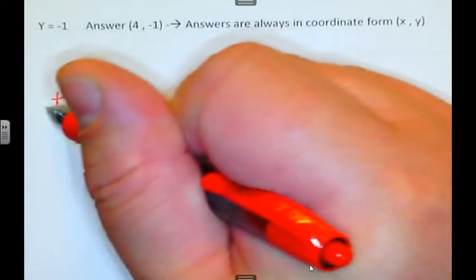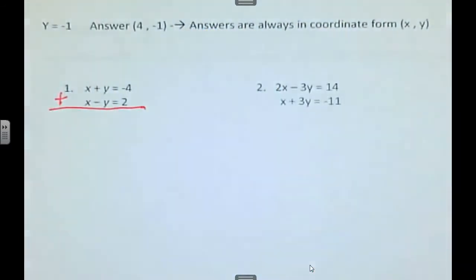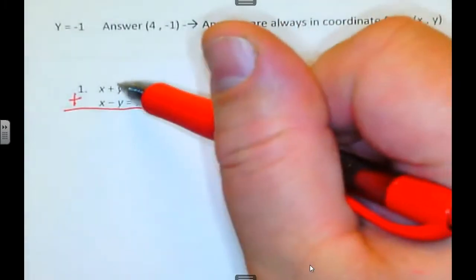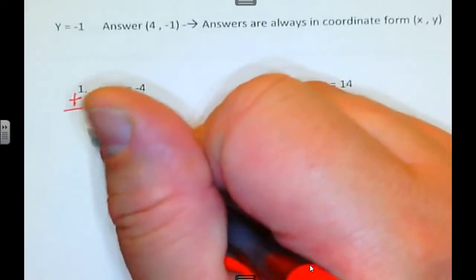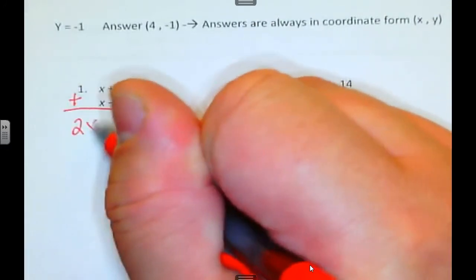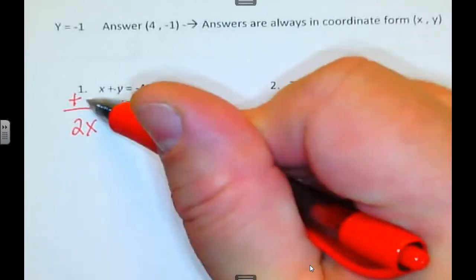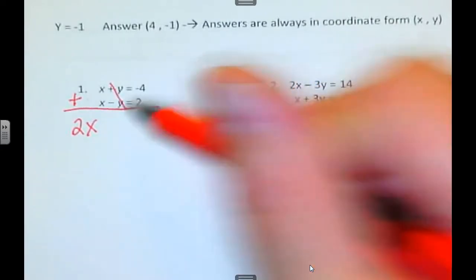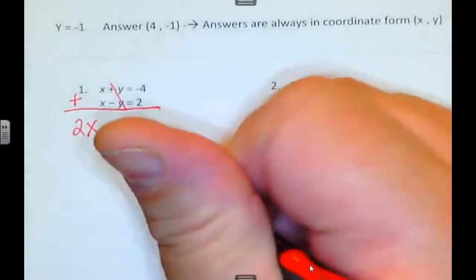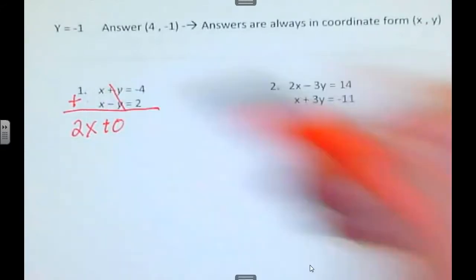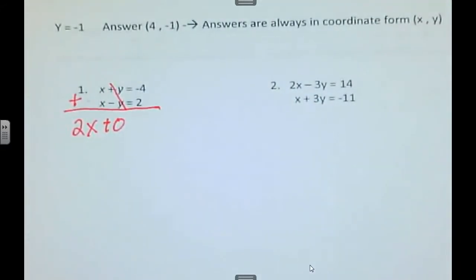We're going to add the 2 equations together because if you notice, the y's are going to eliminate. So 1x plus 1x is 2x, plus y plus a negative y eliminates. If you want to, you can put a 0 there.